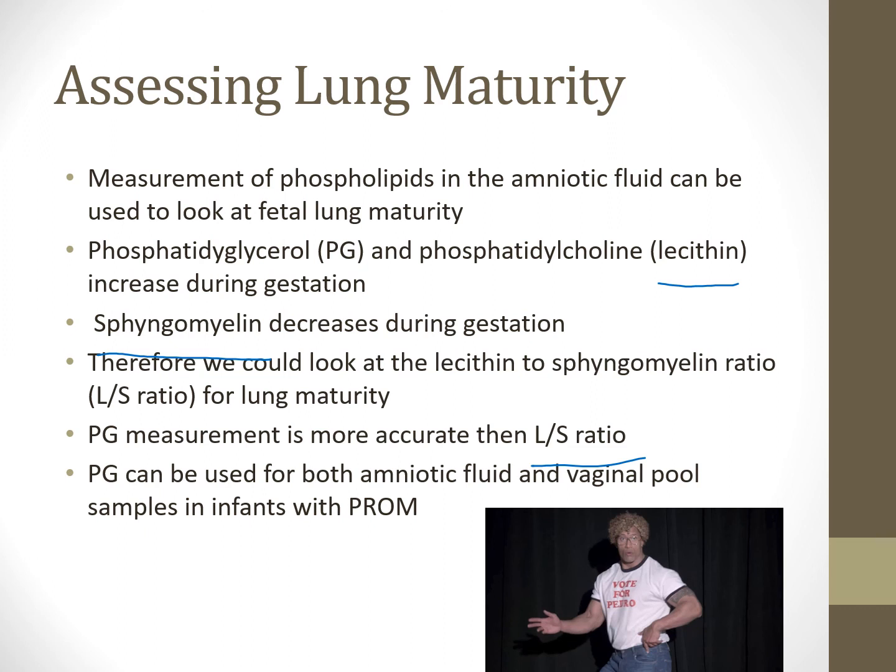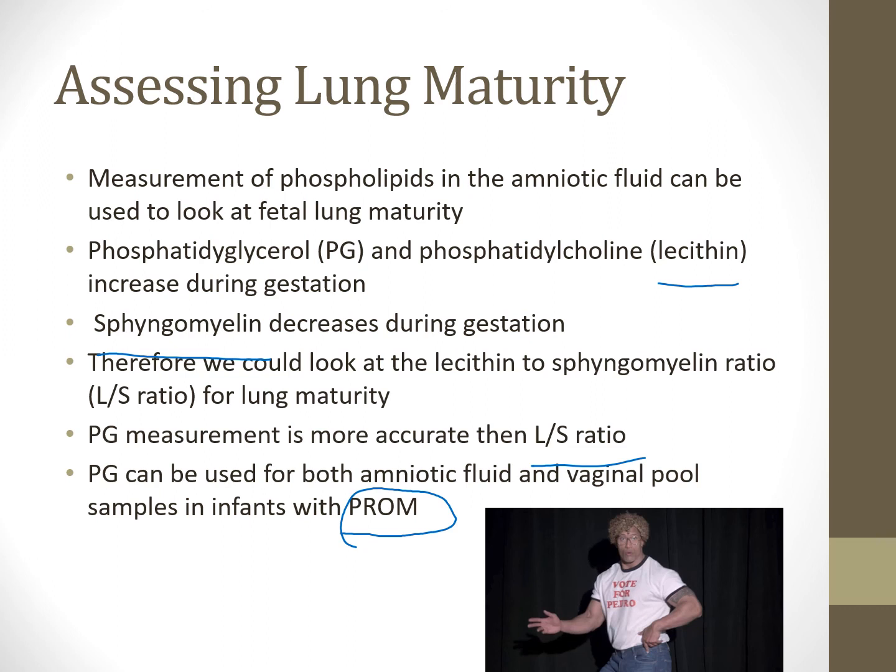PG can be used in amniotic fluid. If we do an amniocentesis, right, we get a sample of the amniotic fluid there. Or let's say the water's broken, a premature rupture of membranes, but there's a vaginal pool, we can still get a sample from the vaginal pool on infants with premature rupture of membranes. So PROM, premature rupture of membranes.